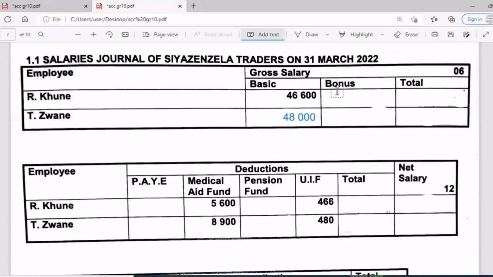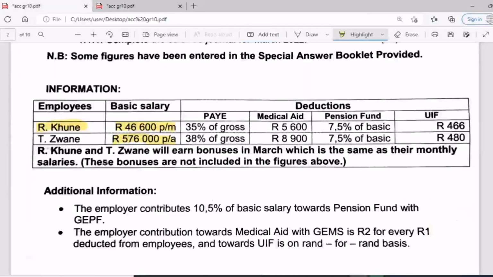And then we have a column for bonus. So we read the additional information. Here we were told that both employees received bonuses during the month of March, which is equivalent to their monthly salary.